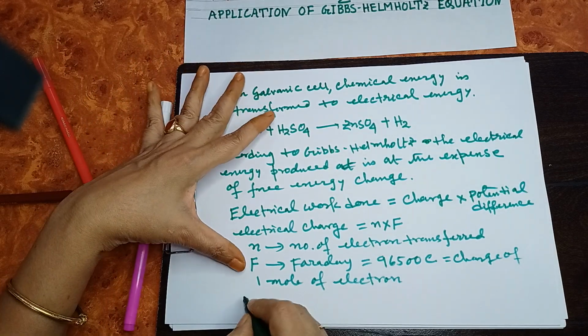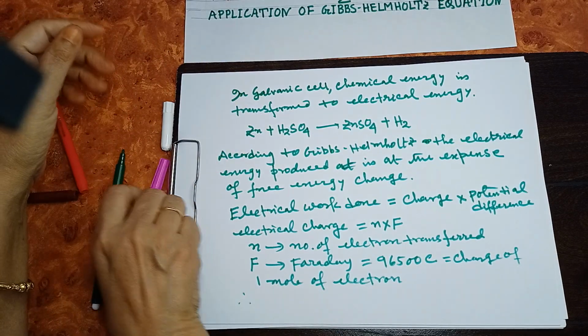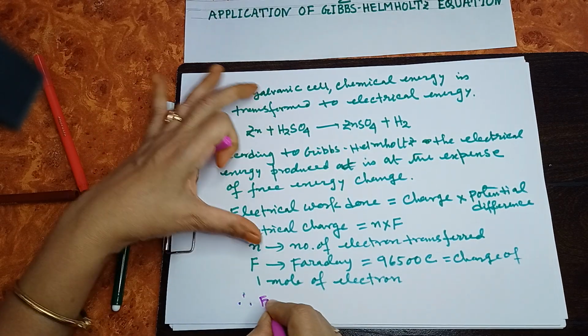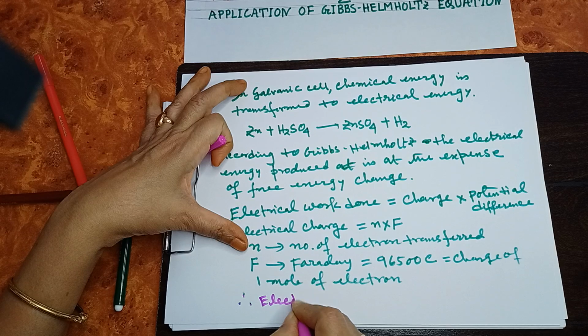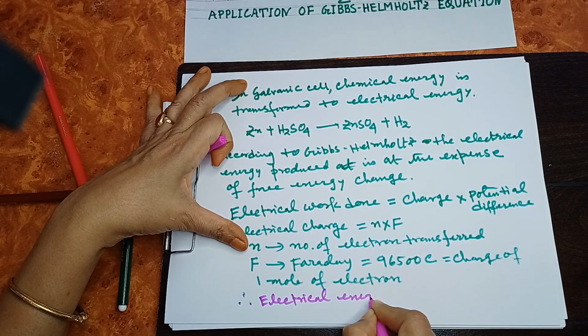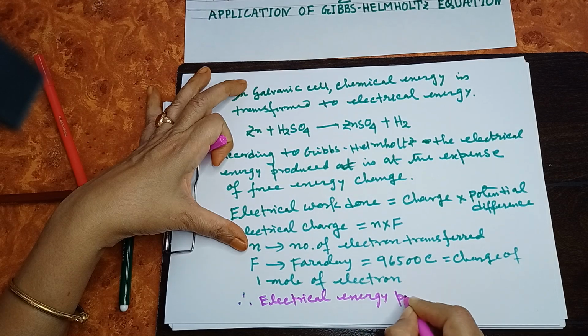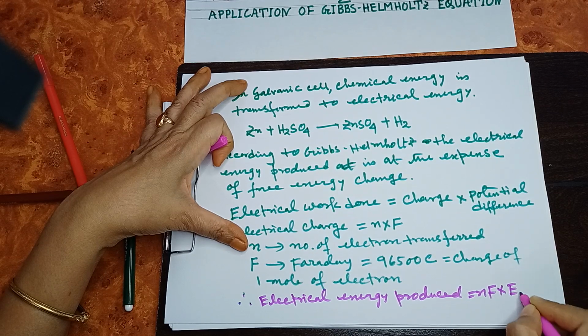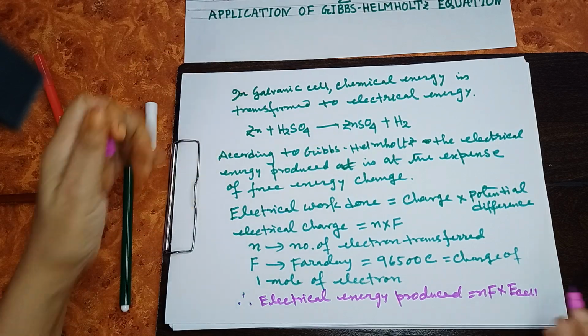Therefore, the electrical energy produced is equal to nF, charge, into EMF or potential difference, that is E cell.